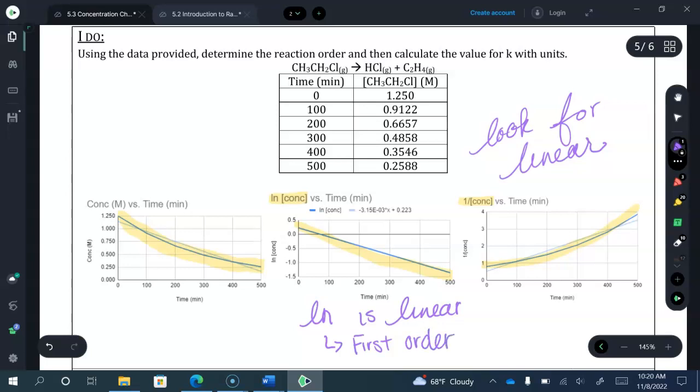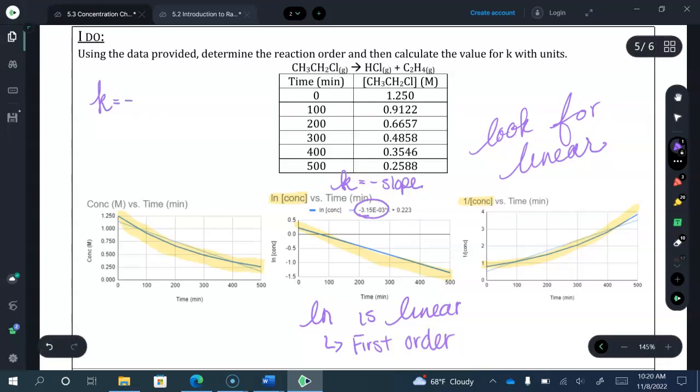And so now we want to figure out K. So for this one, we see that K is equal to the negative slope. Right? So this here is our slope. And so I'm going to write it up here.